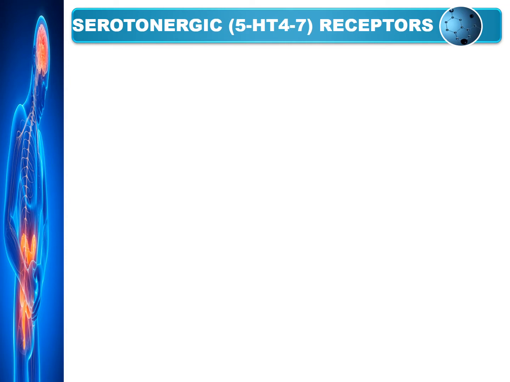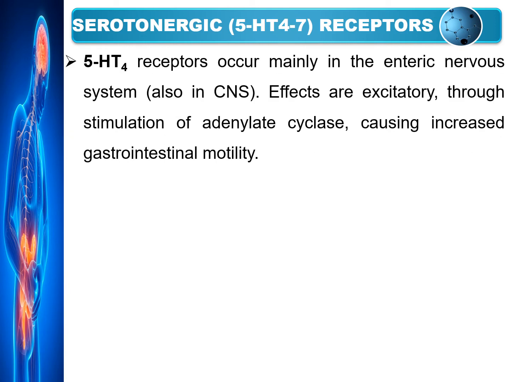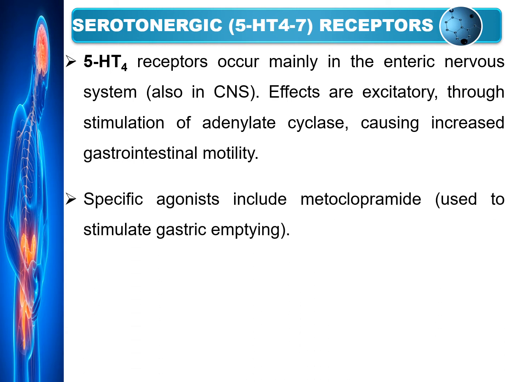Then the fourth type of serotonergic receptors is the 5-HT4 receptors. These 5-HT4 receptors occur mainly in the enteric nervous system, and also in the central nervous system. They show excitatory effects through the stimulation of adenylate cyclase, causing increased gastrointestinal motility.